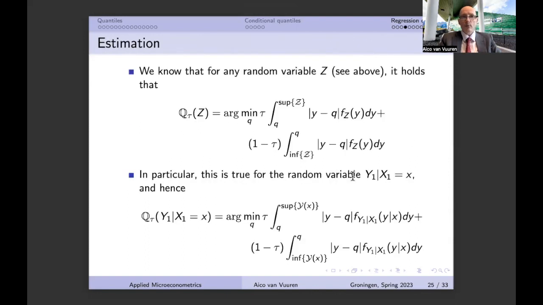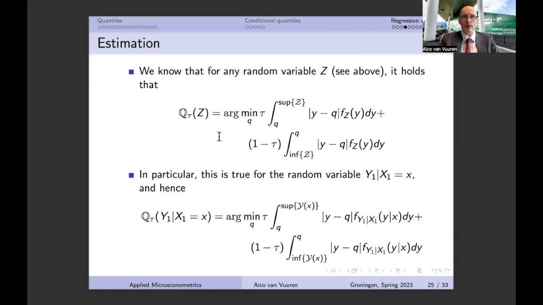I would like now to go on with the next topic, and that's the topic of estimation. Well, in order to estimate the beta coefficients, we can go back to some things that we have done earlier today.